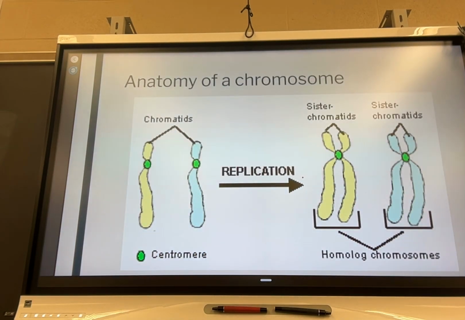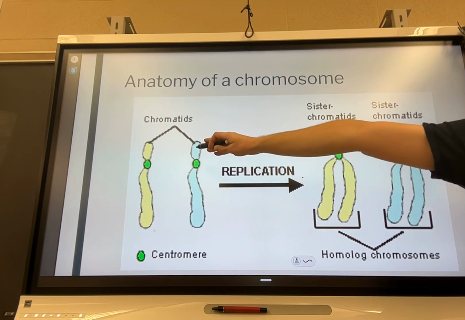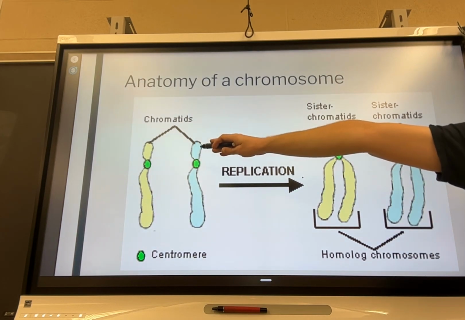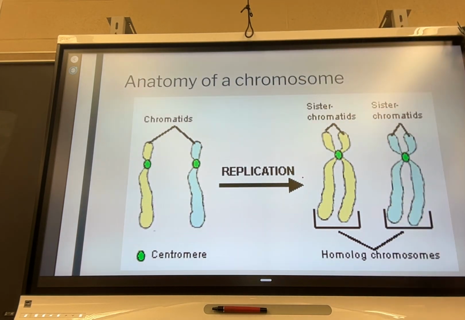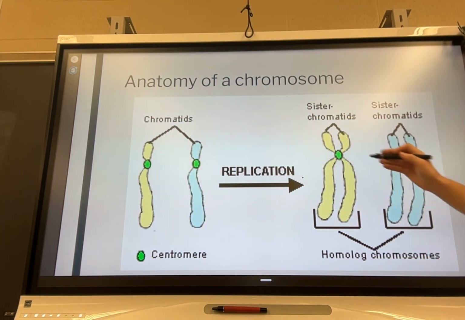Okay, and then just continuing on with review, we have our chromosomes. What are the little green things here, Ashlyn? The centromere. And we have our chromatids. 2 chromatids together form a chromosome. So they are sister chromatids. Like I said in our class demo, each of you in your collaborative pairs were sister chromatids.